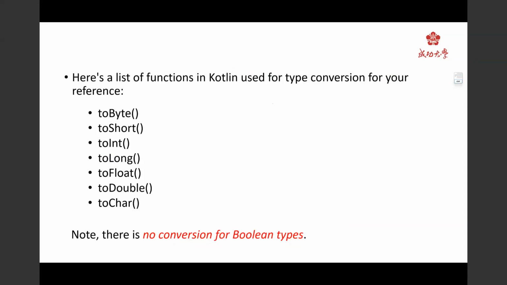So I'm not going to dive into the details further over here. One thing to keep in mind is there is no conversion for Boolean types, okay? Because Boolean can only take two values, either true or false, and you cannot convert Boolean values to numbers. And of course, you cannot compare Boolean values with numbers as well.